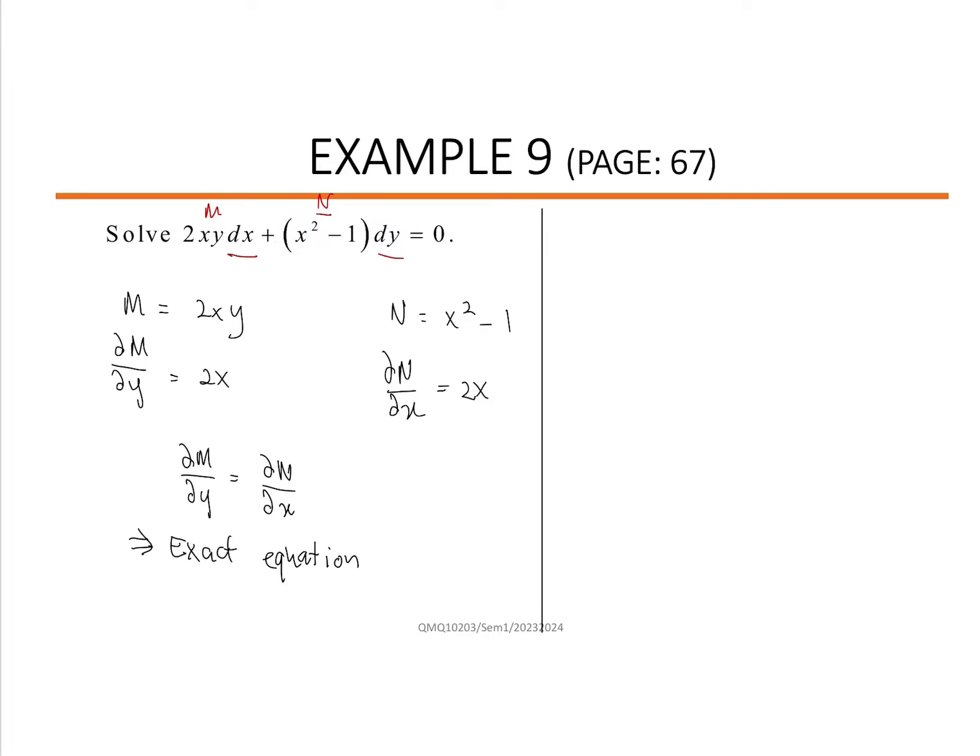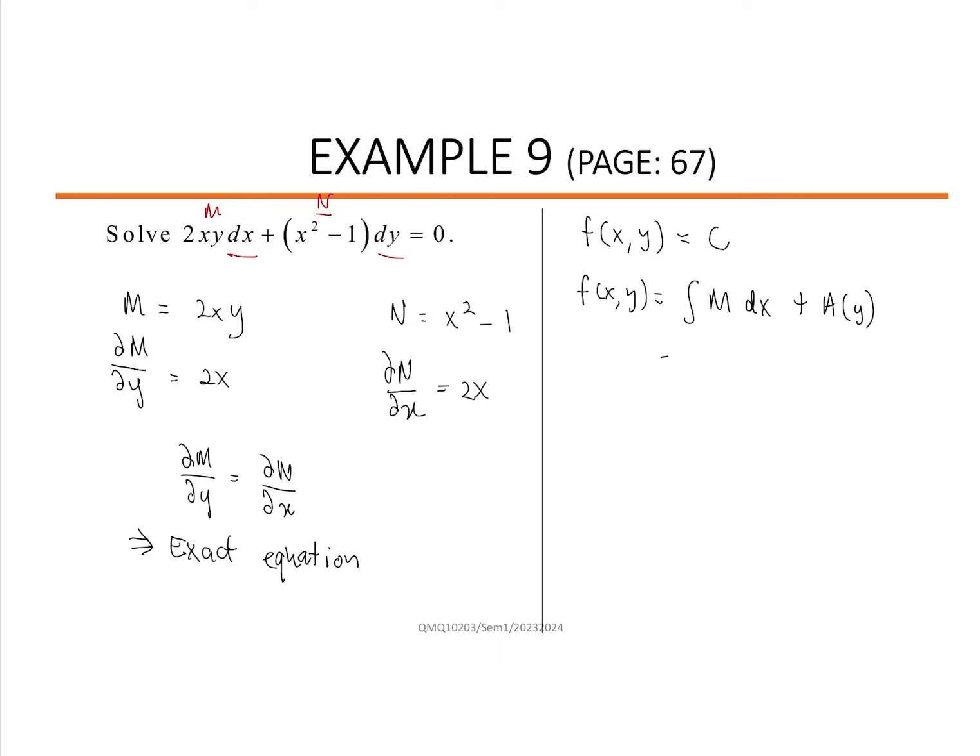To solve it by the exact equation method, first the solution is f(x,y) equal to a constant c. In order to find f(x,y), we integrate the function M with respect to x, plus a function A(y), which is to be found later.